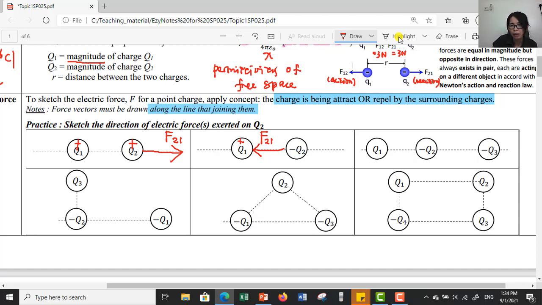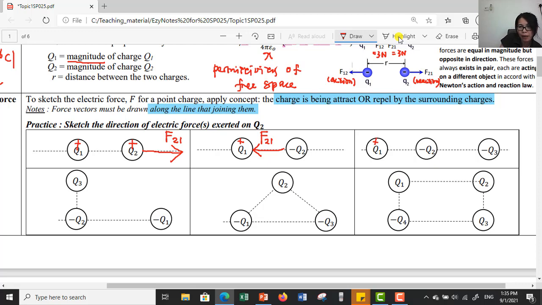Okay. So sama juga untuk situasi ni. Kalau kita nak lukiskan force bertindak ke atas negatif Q2 ni, kalau kita perhatikan pada surrounding Q2 ni ada dua charge. Ada dua charge Q1 dan juga negatif Q3. So pertama kita tengok dulu force apa yang Q2 akan rasa dari Q1. So Q2 adalah negatif, Q1 adalah positif.